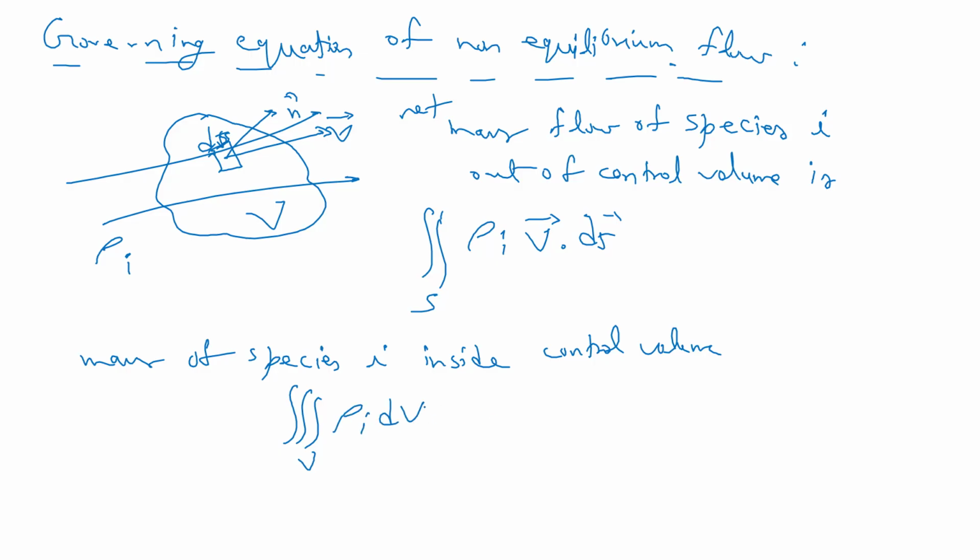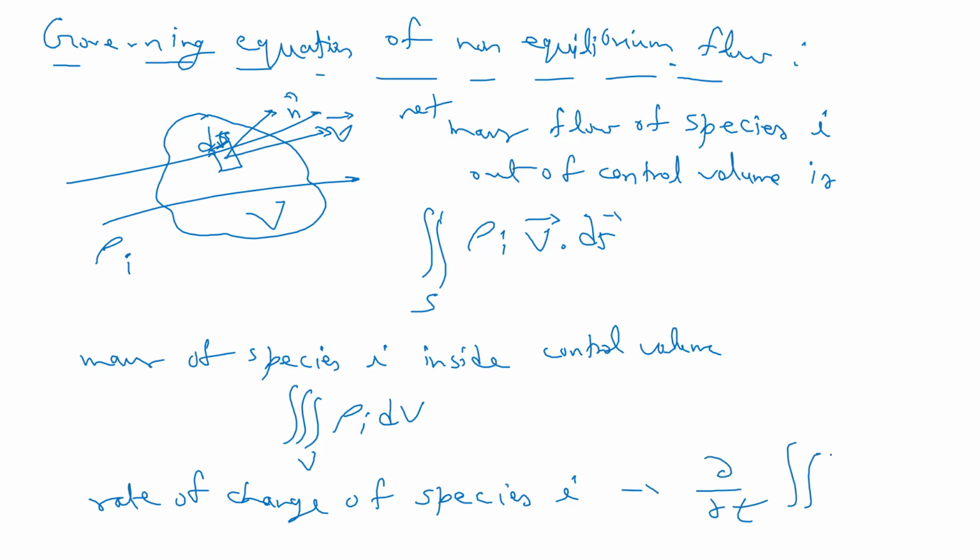This volume I am writing without the vector sign and velocity with the vector sign. So what will be the rate of change of species I? It will be the time derivative of triple integration rho I dV.